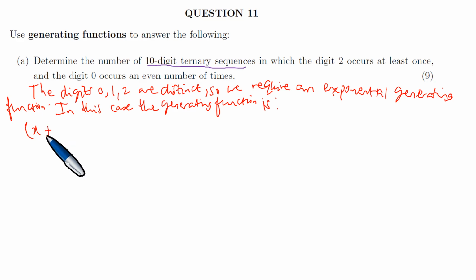Because you need to determine the number of 10-digit ternary sequences in which the digit 2 occurs at least once and the digit 0 occurs an even number of times.